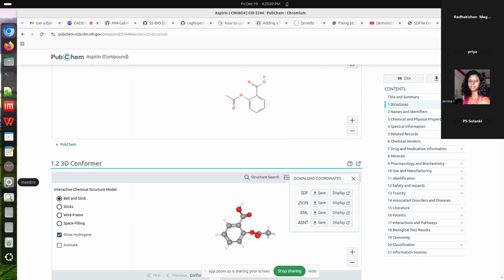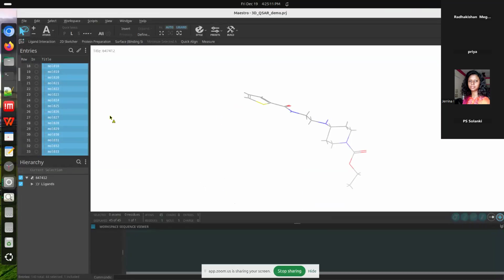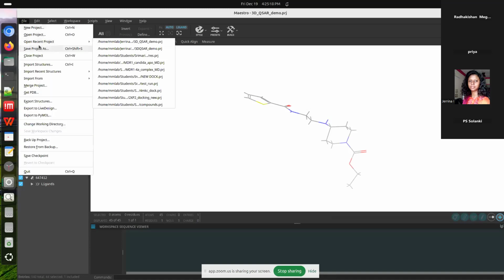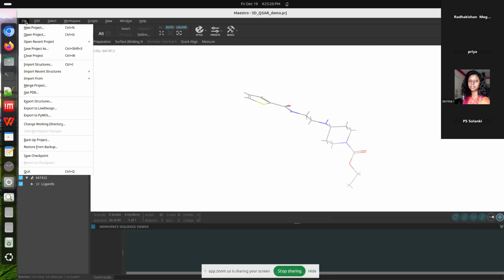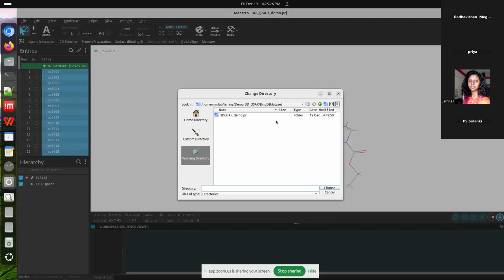Now we are moving into the Maestro interface. I've already imported the structures, but I will show you how to import them first. Before proceeding with the project, you have to change the working directory. I've already changed the directory to where I want to save my files.